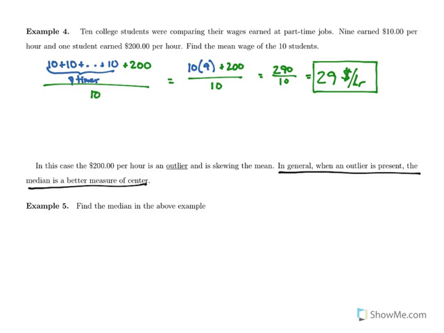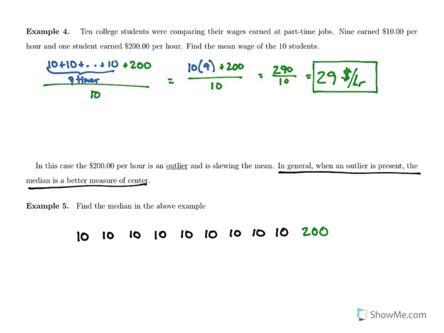So let's find the median in the above example. The median here is going to be the middle value. So let's list out all these values. There are 9 tens and a 200.